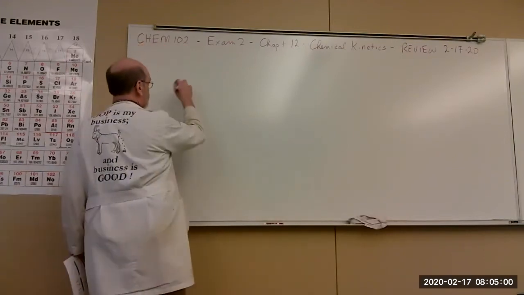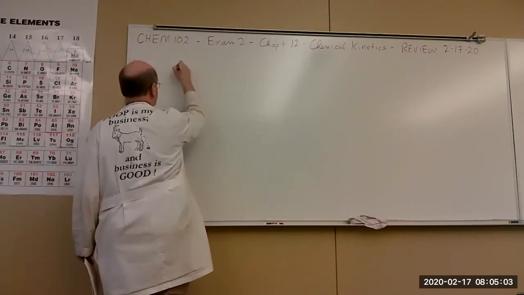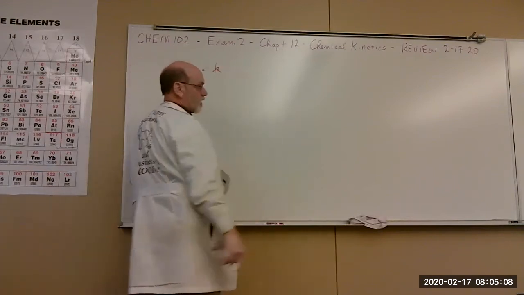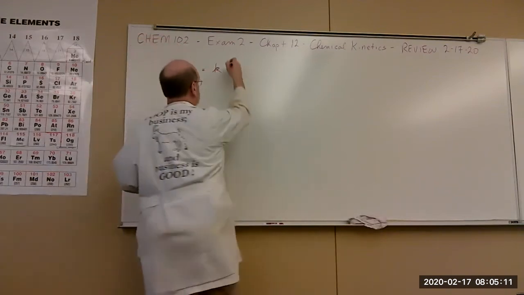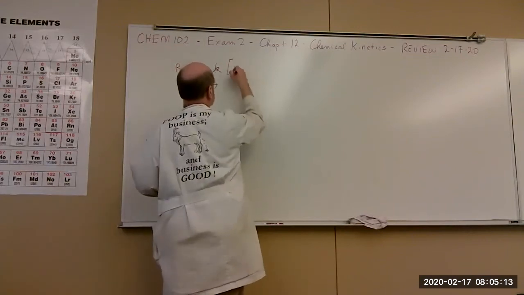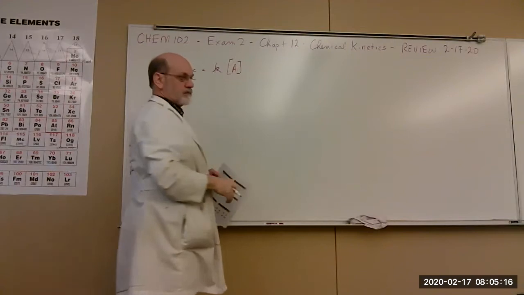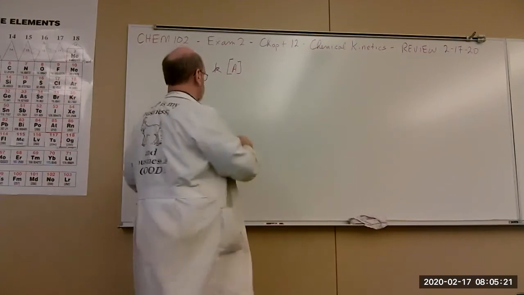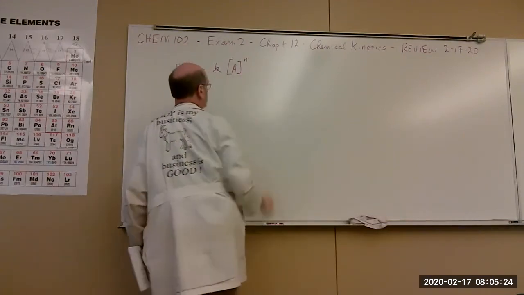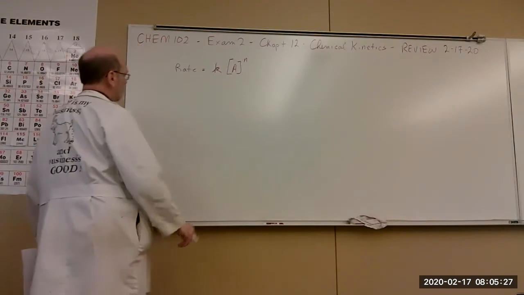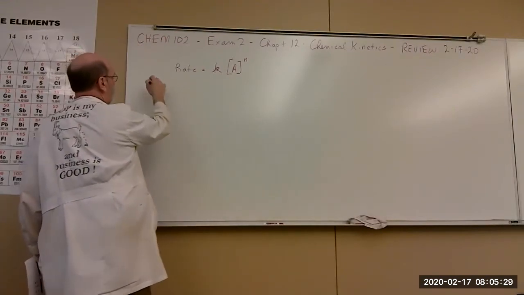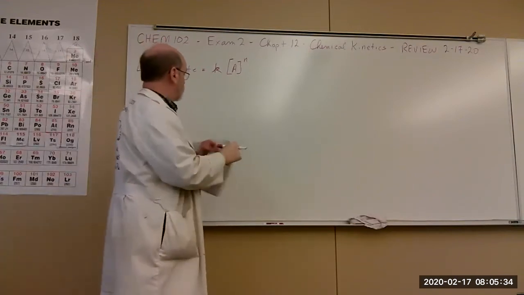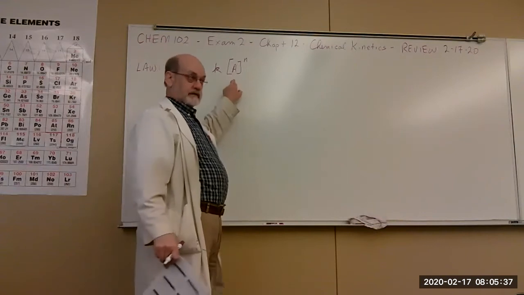And that is expressed in terms of some rate, and that's equal to the rate constant times the concentration, usually of the reactant, and then to a power. So that would be the rate law for this reaction if we only had one reactant.